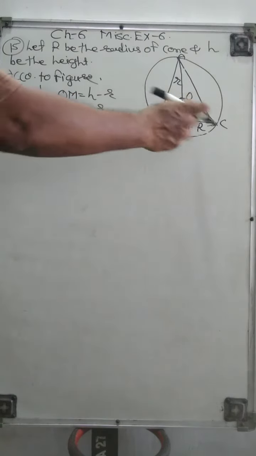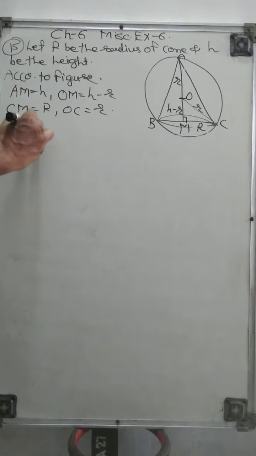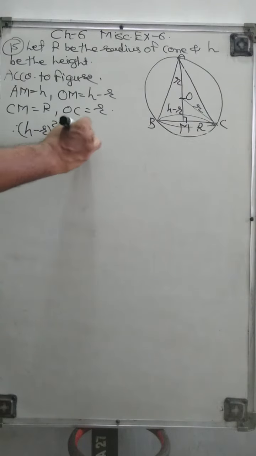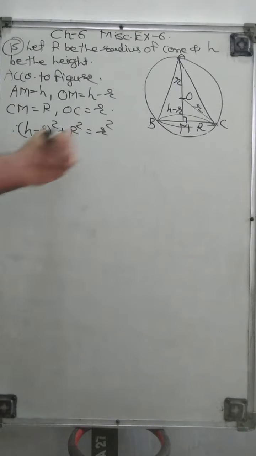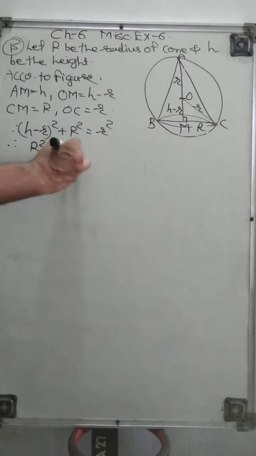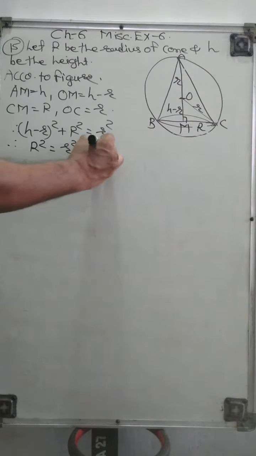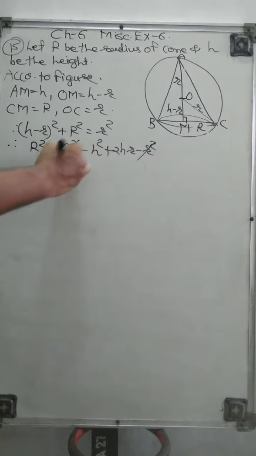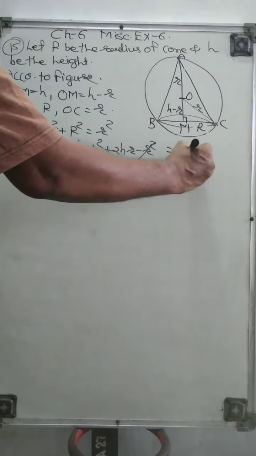Therefore, the relation between these is h minus r whole square plus R square equal to small r square. From here, if we simplify, then we get R square is equal to r square minus h square plus 2hr minus r square. It is 2hr minus h square, which is R square.